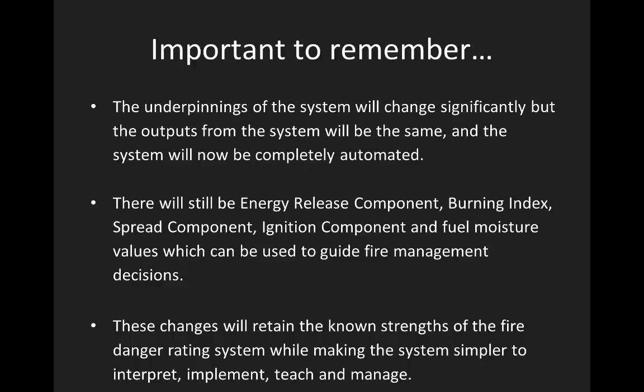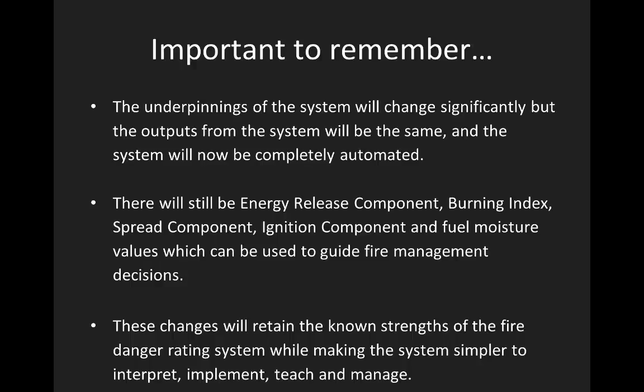And so as we move into NFDRS 2016, it's important to remember several things. The underpinnings of this system will change significantly. We're going to add the new growing season index model. We're going to add the Nelson dead fuel moisture model, and we're going to change the number of fuel models available. But the outputs from the system will be the same, and the system will now be completely automated.